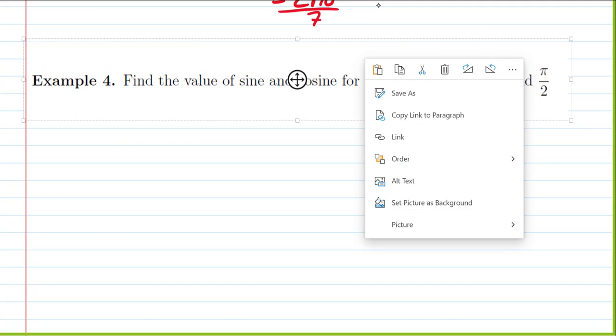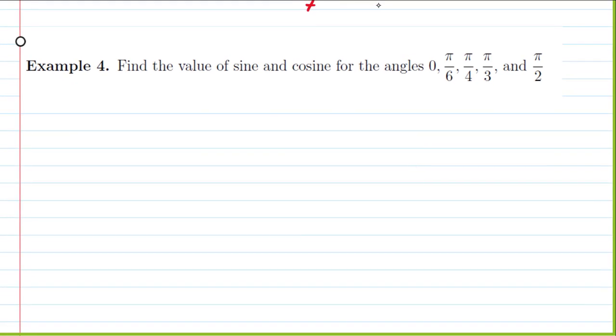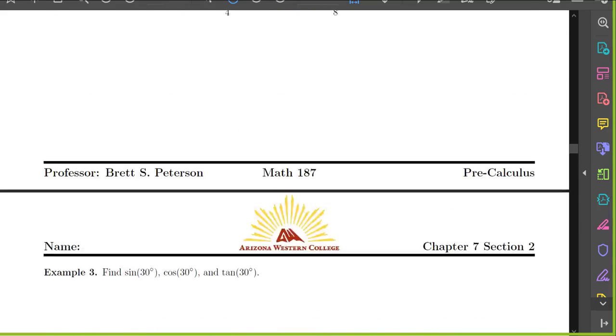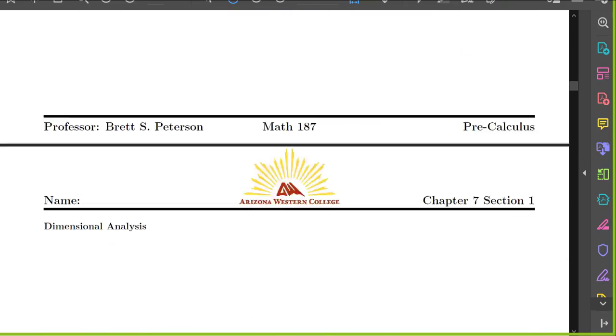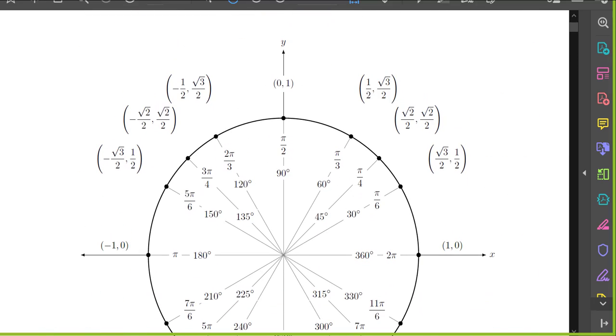So we wish to find the value of sine and cosine for the following angles. All right, so let's go back to the very first page in our handout, which is our good friend, the unit circle.